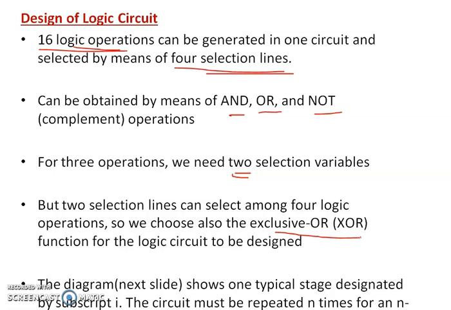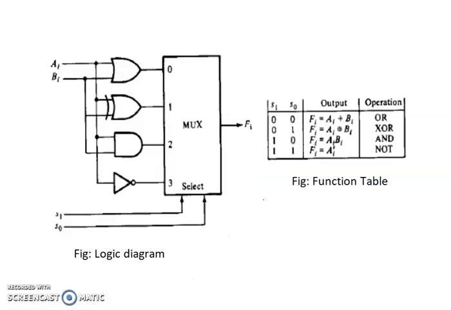So this is the logic diagram of the logic circuit. So here, in order to perform the four operations, it makes use of two selection inputs, S0 and S1.